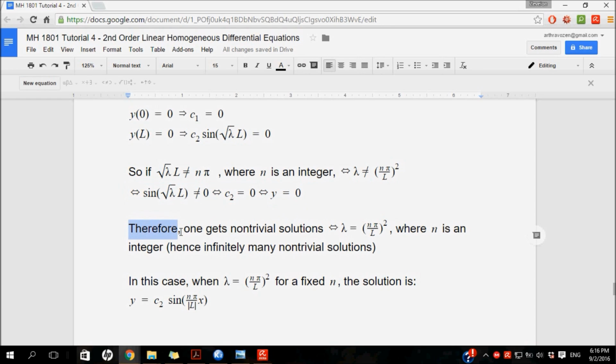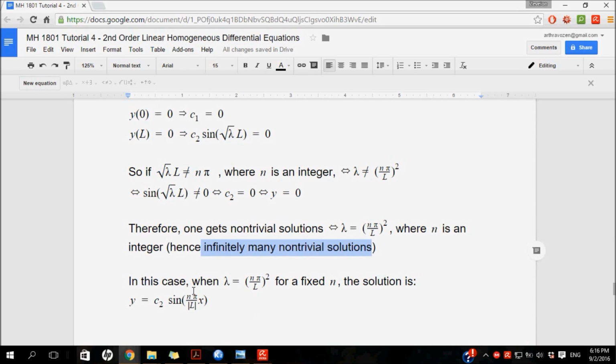Therefore we see we get non-trivial solutions only when lambda equals the square of n pi divided by L, where n is allowed to be any integer of our choice. We have infinitely many integers, so this shows us that we do get infinitely many non-trivial solutions.